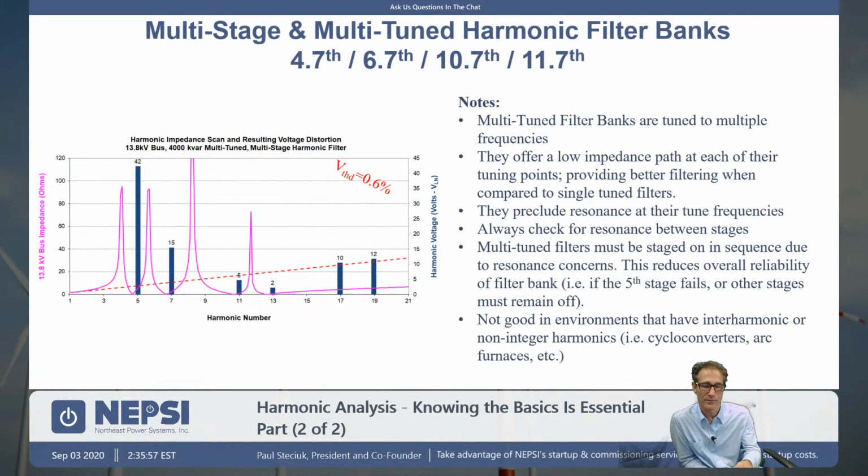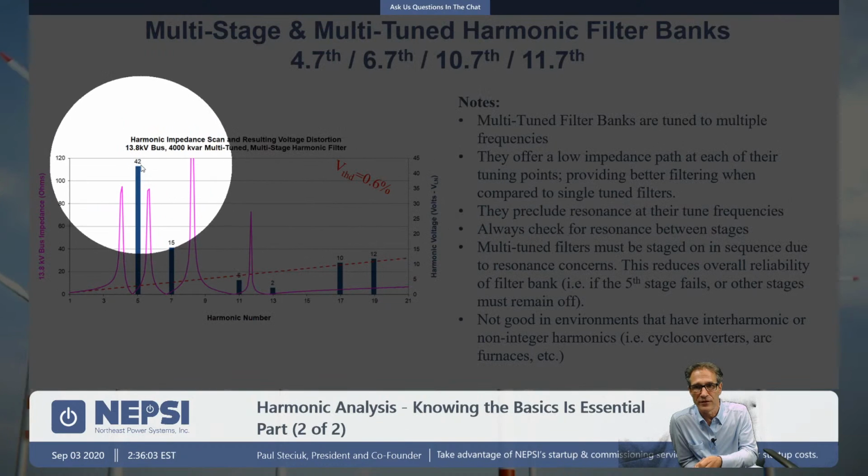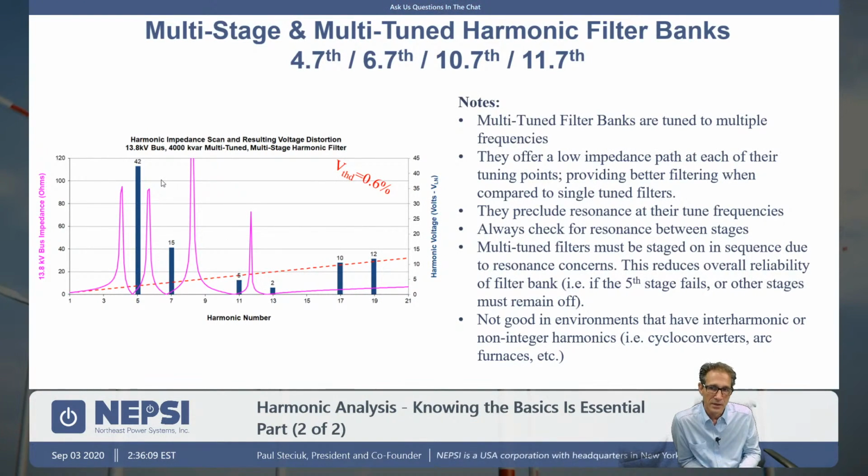I've taken those harmonic currents and multiplied times the value of the magenta curve, and I come up with these values of voltage distortion. All right, so we are able to improve the performance of the filter by tuning at these higher harmonics, at the 5th, 7th, 11th, 13th harmonic essentially.